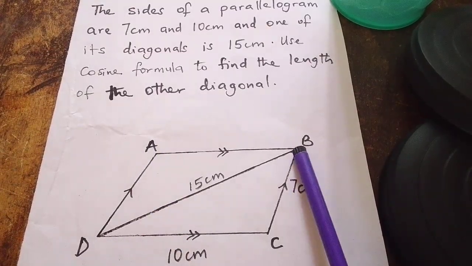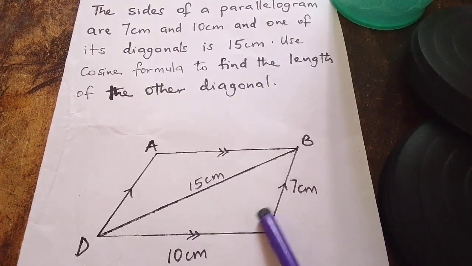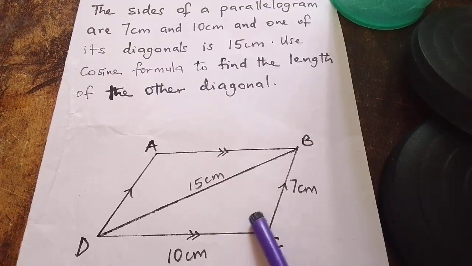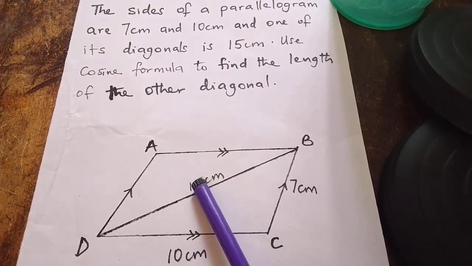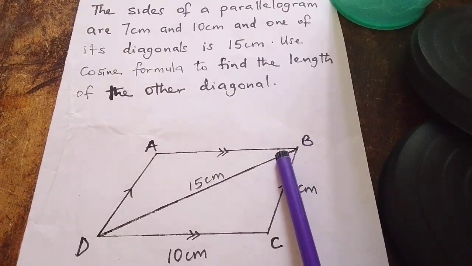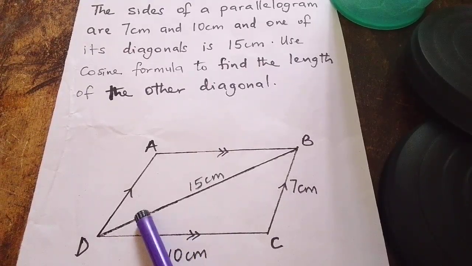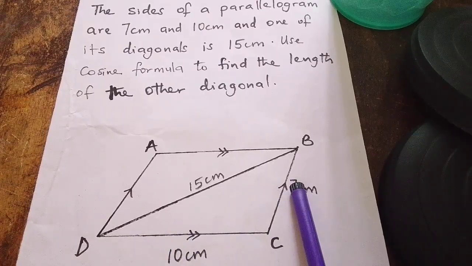Now I want to consider this particular triangle to be able to look at this angle that is here. The side facing this angle is taken to be my side c. For this angle B, the side facing it I take to be my small b, and for this angle D, the side facing it is my small d.